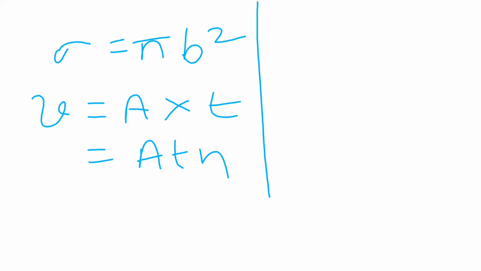And let the target area for scattering at an angle greater than theta be A t n sigma, where sigma is the cross section.